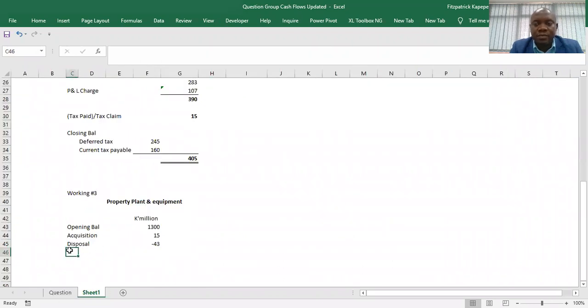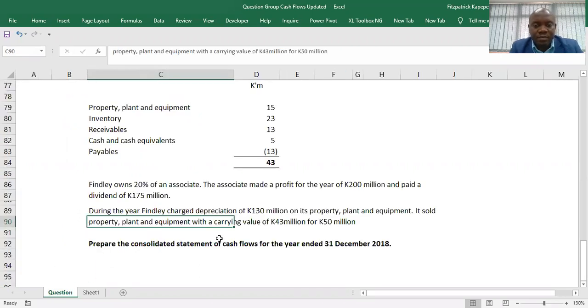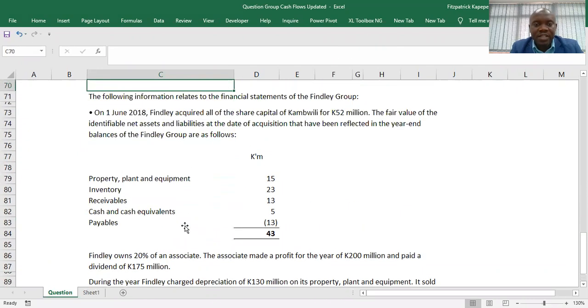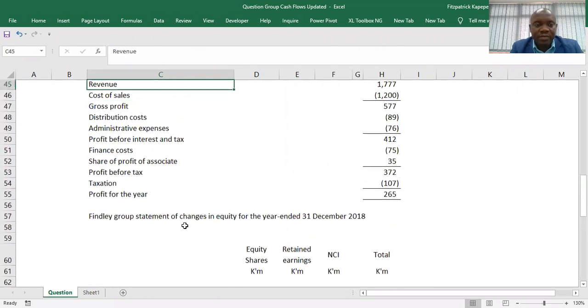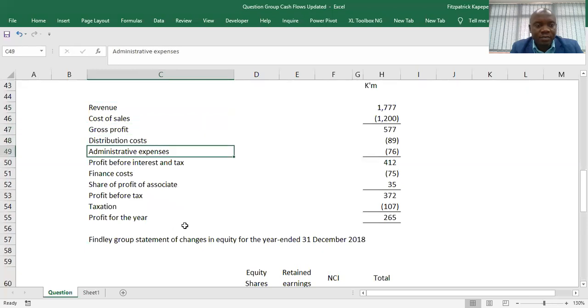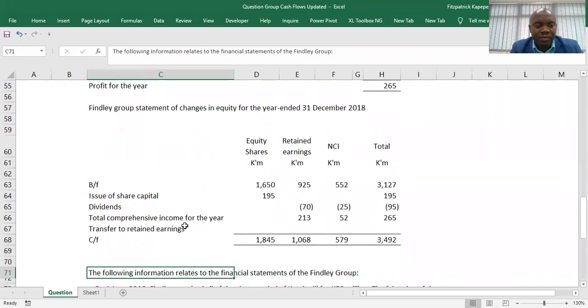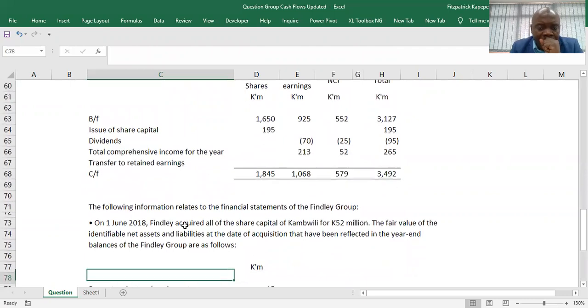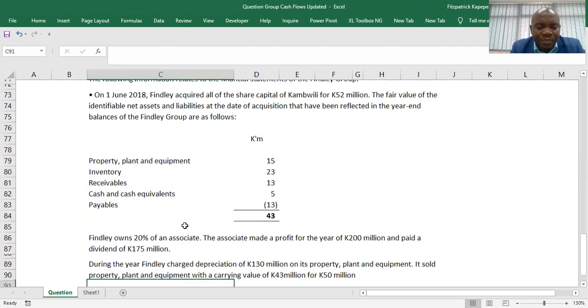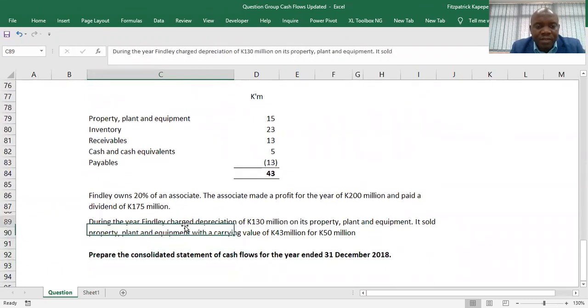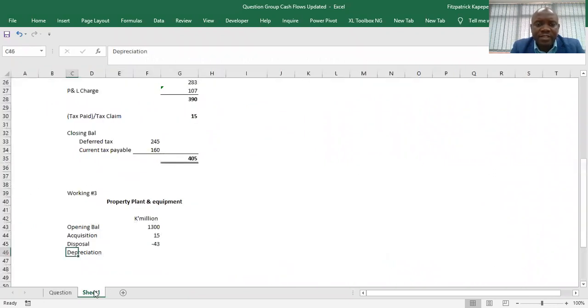Then depreciation. How much was depreciation? I have to go up and check. It must be somewhere. Depreciation during the year was 130, minus 130.